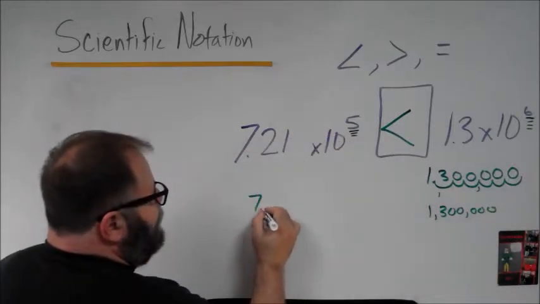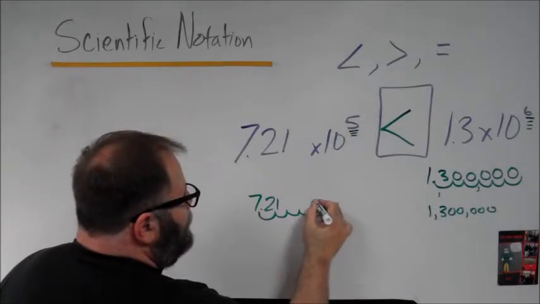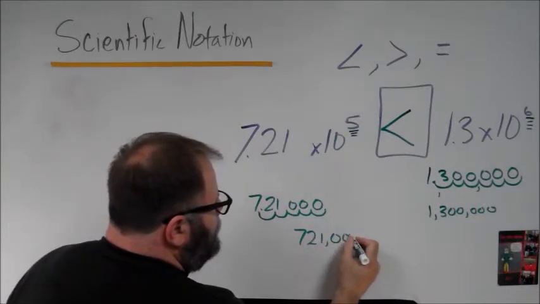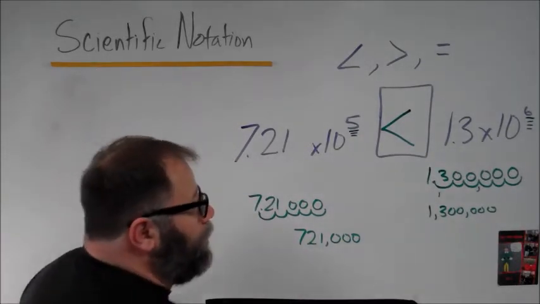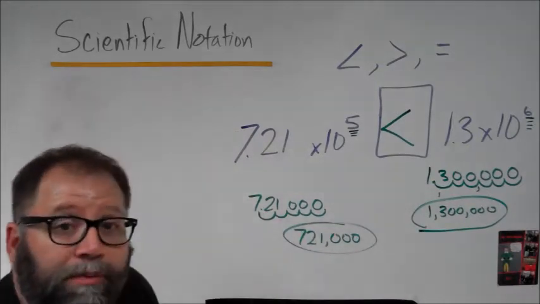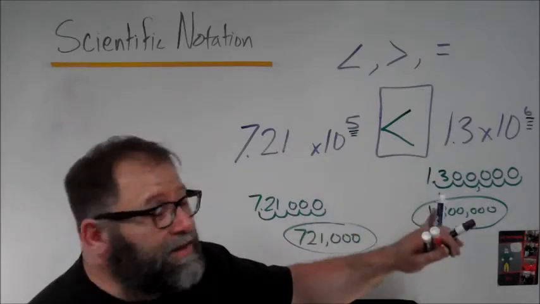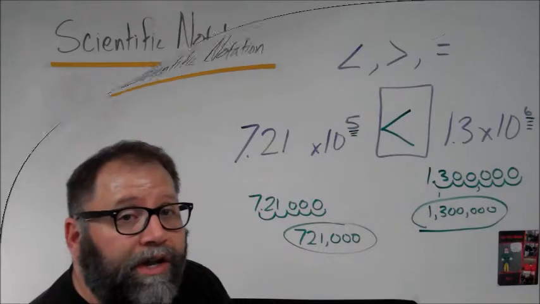And here I've got 7.21. 1, 2, 3, 4, 5, 0, 0, 0, 721,000. Now that's not close, is it? We've got over 1 million here and 700,000 approximately there. So when we're checking sizes, check first to see which of those exponents is greater.